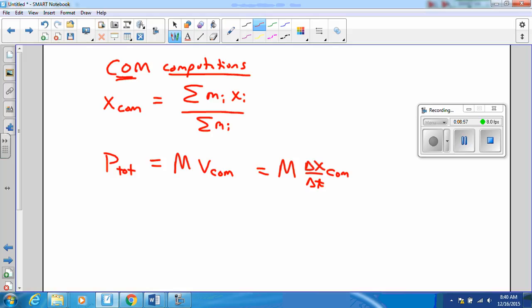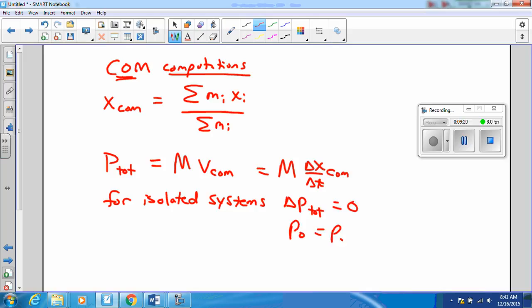And so this enabled us to solve cool problems like the balloon problem and the man and woman pulling each other on frictionless ice problem, and so on and so forth, in which, if I have an isolated system, the total momentum of that system will not change.